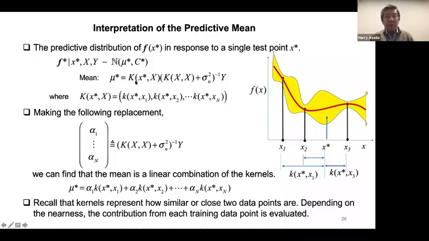It turns out that this times this alpha, we can write as a linear combination. So the mean value is given by the linear combination of all these kernel functions evaluated at x1, x2, ..., xn with the new point we'd like to investigate, X star.